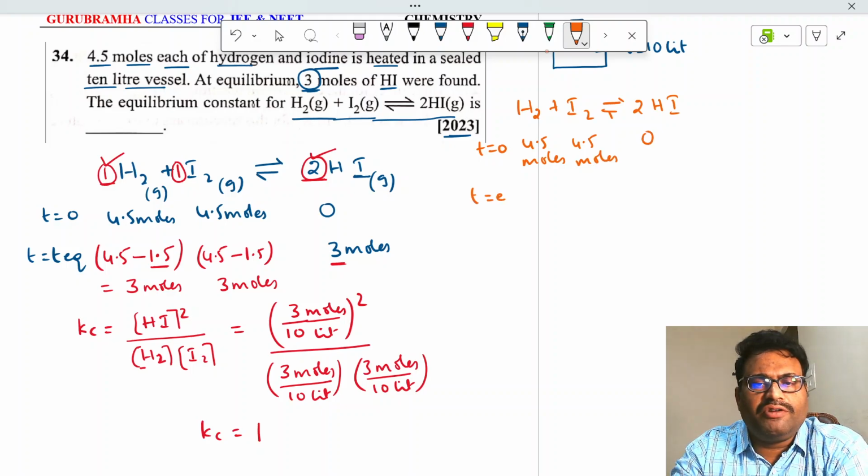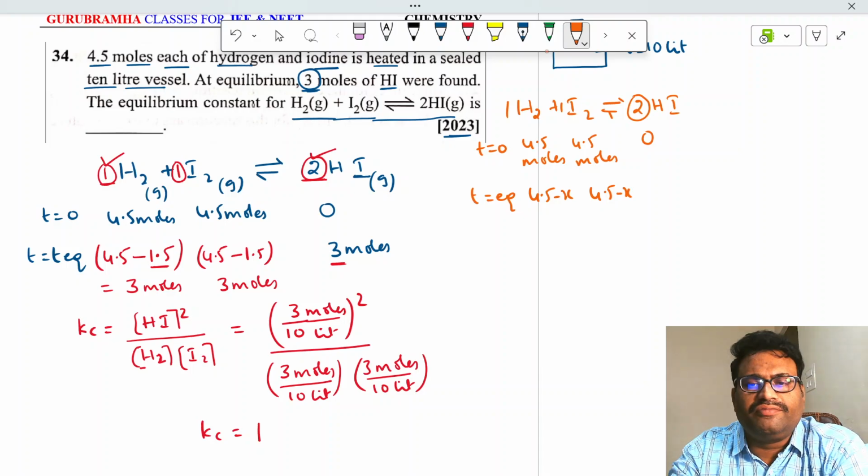At time t equal to equilibrium, let x be the number of moles of H2 reacted, and x the number of moles of I2 reacted. So 4.5 minus x, 4.5 minus x. When 1 mole of hydrogen and 1 mole of iodine are reacted, 2 moles of HI are formed. This will be 2x.